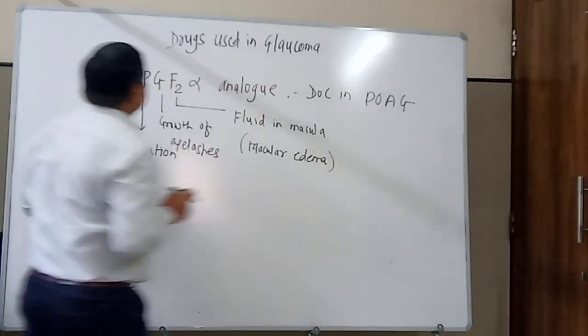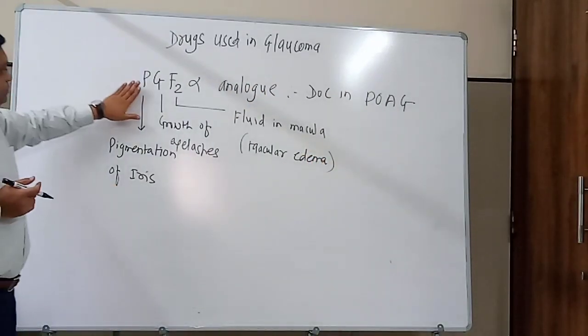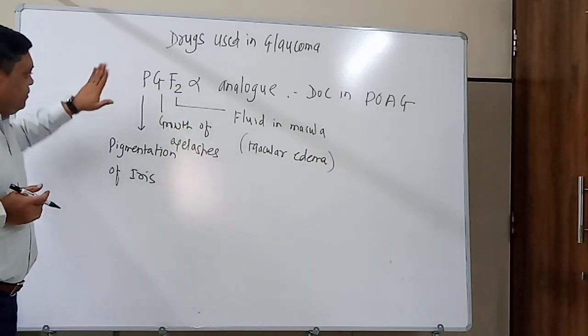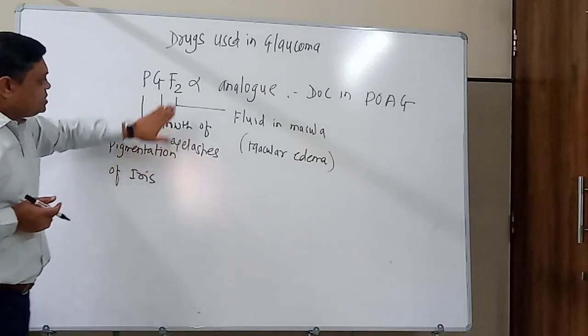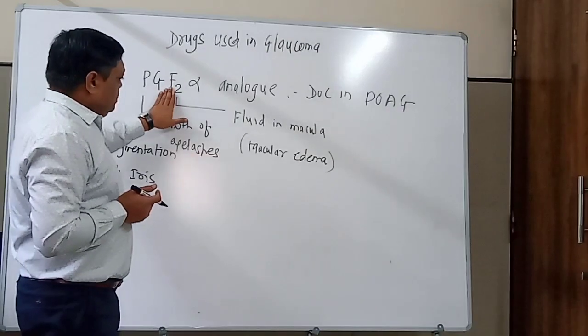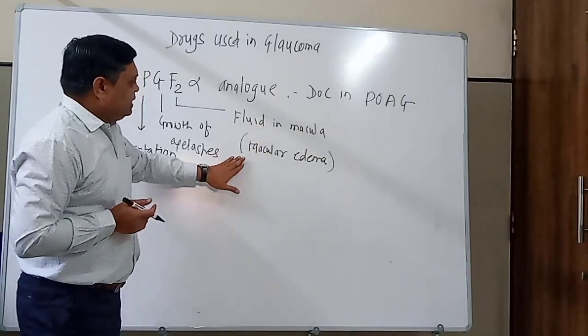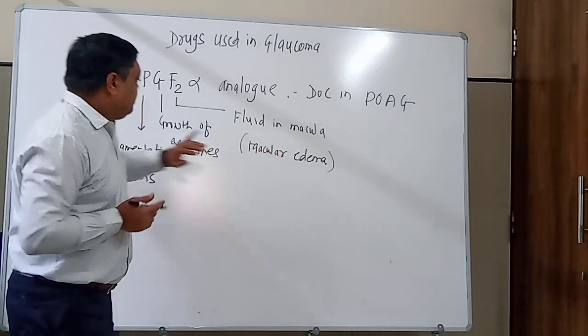PGF2 alpha: P for pigmentation of iris, G for growth of eyelashes, F for fluid in macula, that is macular edema.